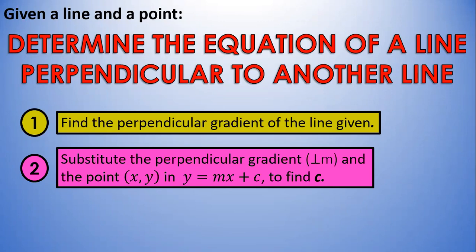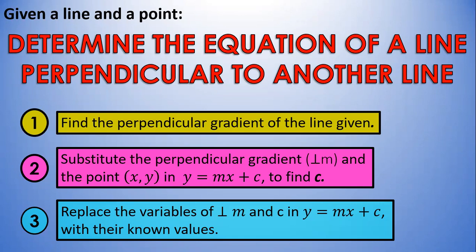We are going to substitute the perpendicular gradient and the point given in the equation y is equal to mx plus c. After we have found C, we are going to write our perpendicular equation. But how are we going to do this? We are going to replace the variables of the perpendicular gradient and the C in the equation y is equal to mx plus c with their known variables.